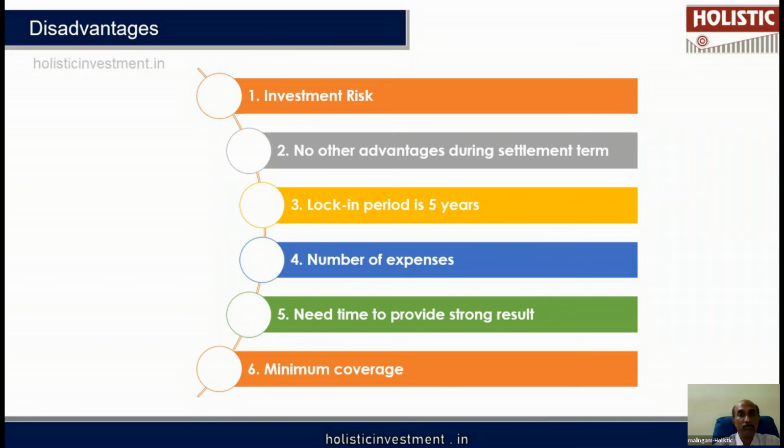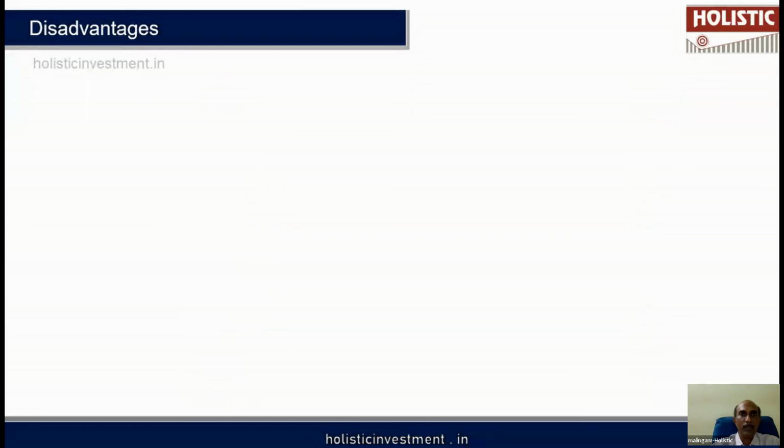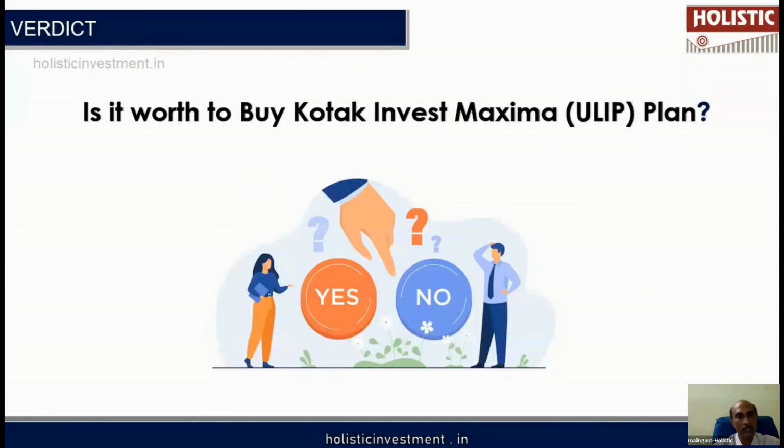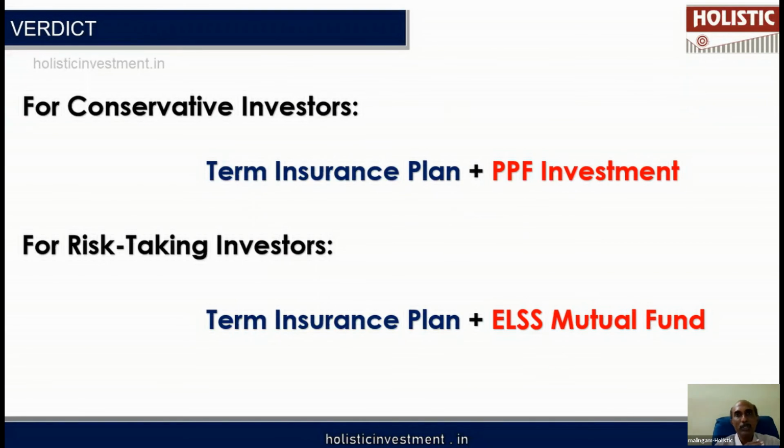So returns, we have to wait and see whether they will give you worst case scenario return or a best case scenario return. We have to find out. And the life cover given by this policy is not very appreciable. It's very less amount compared to a term insurance policy. So that way, because of these disadvantages, what I am suggesting to you is instead of investing in this policy, you can consider term insurance plus PPF investment option.